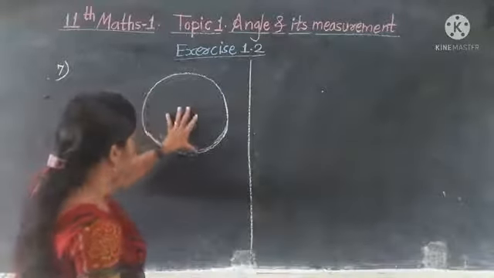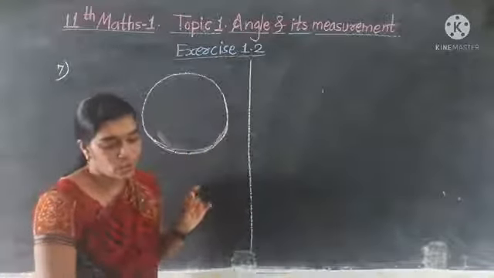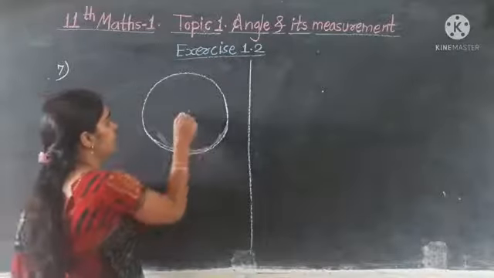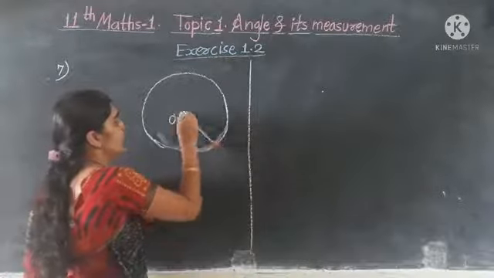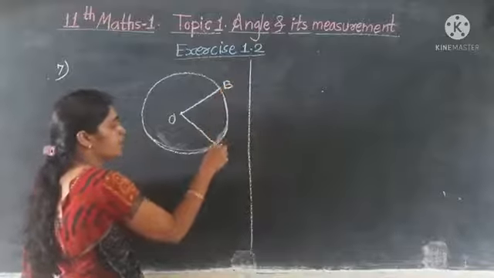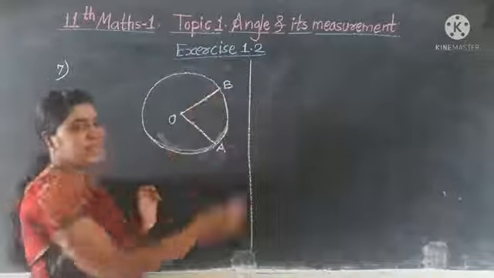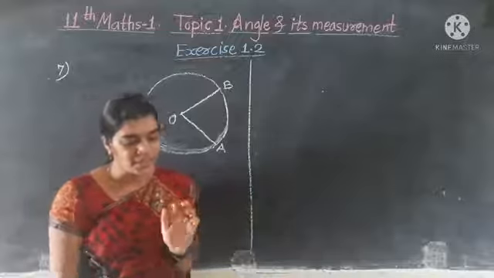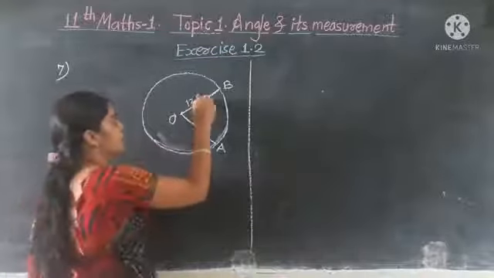What things have we been given? See, OAB is the sector, O, A and B. OAB is the sector of the circle having center at O and radius 12 centimeter.